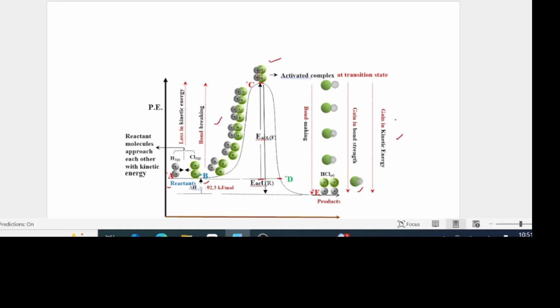And because of that, the system experiences a rise in temperature. And the difference here is what is called the enthalpy change of the reaction. And you can see it is a negative sign here. That means it is an exothermic reaction.